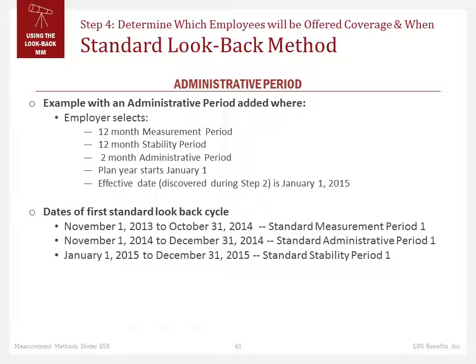We want you to have it be administratively easier to deal with this if we line it up with when your plan starts, and if we line up your administrative period during your open enrollment. So again, that's the logic behind this. So this particular employer would have open enrollment sometime between November and December 2014, so that coverage is actually starting and effective with January 1.